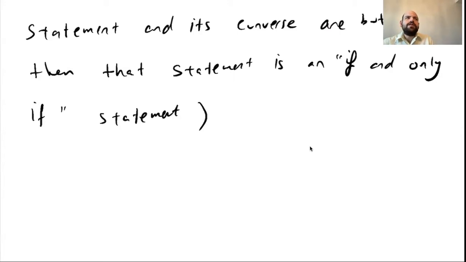So for example, you can get a good grade in this course if and only if you study hard. This is true, right? Because again, the statement and the converse are both true, meaning that if you study hard, you get a good grade in this course. And the converse is also true.